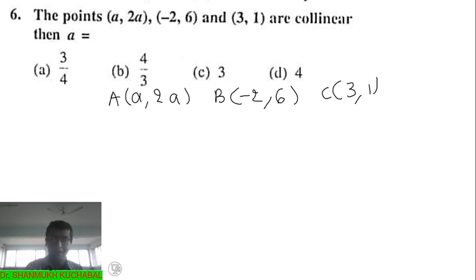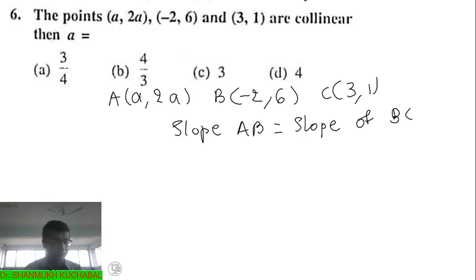If they are collinear, then the slope of AB is equal to the slope of BC.